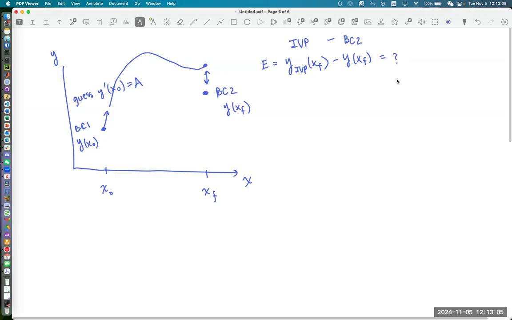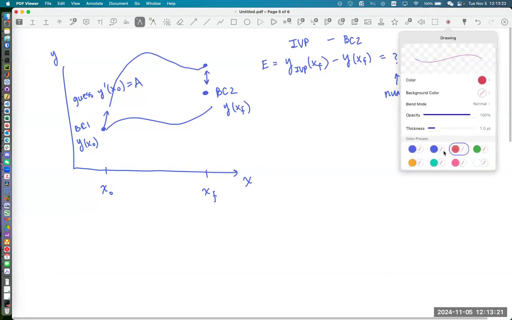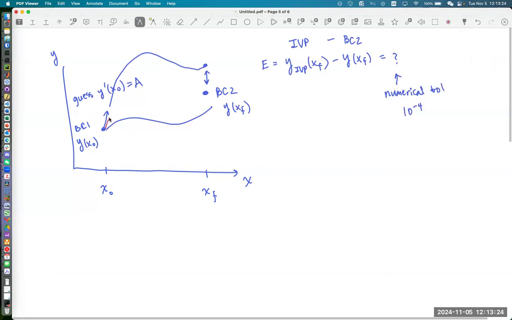Eventually we want this term to be minimized to some numerical tolerance, say around 10 to the minus 4 or minus 5. So we want it to be as close to boundary condition 2 as possible. Finally, after iterations, we'll find some optimal A star such that it ends up at the boundary condition 2.